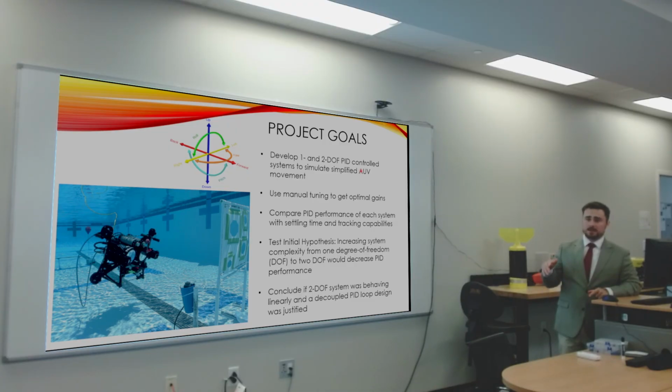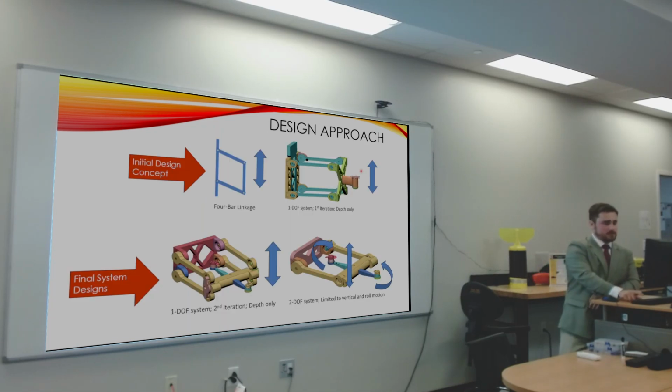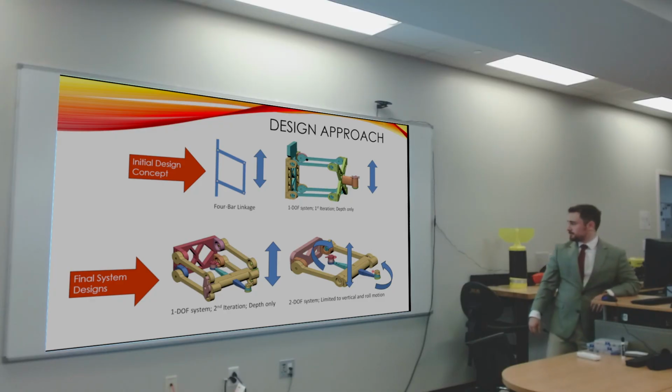For the roll PID and the roll control, the limitation came in the form of, if it went too far to either side, it would end up dropping and then trying to overturn itself. So I had a safety precaution, a stopper that prevented over-rotation, and that kept the wires and the propellers safe for the most part.